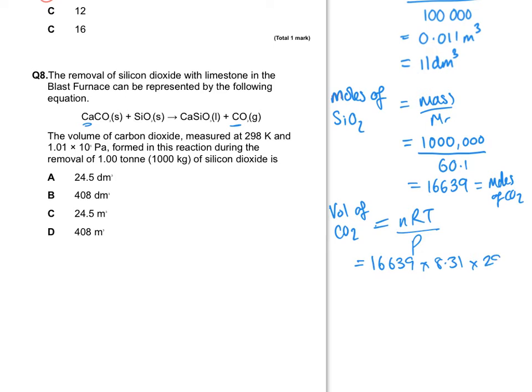Temperature is given to us in Kelvin, so we don't need to do anything with it. Pressure, as usual, this time actually no, the pressure is given to you in pascals. I was about to say kilopascals because that's normally what it's given to you, but this question is being nice. Don't forget your volume comes out in metres cubed, so that gives us an answer of 408, which is option D.